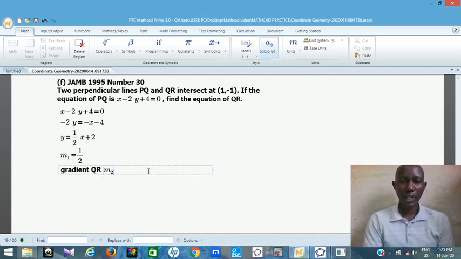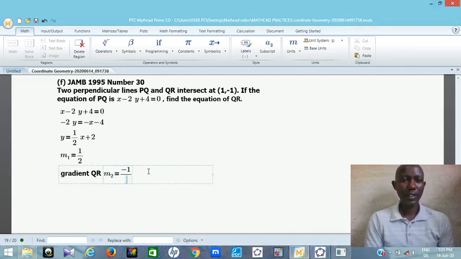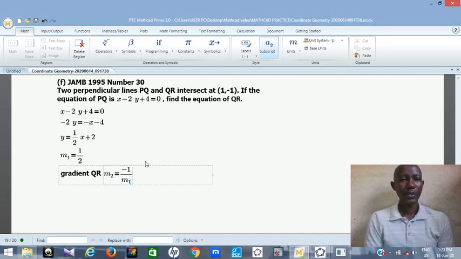Gradient QR will now be equal to minus 1 divided by this gradient, minus 1 divided by m1. So this is the condition for perpendicular lines.